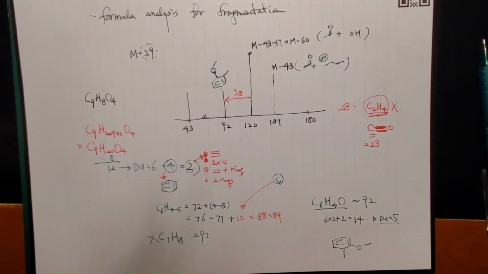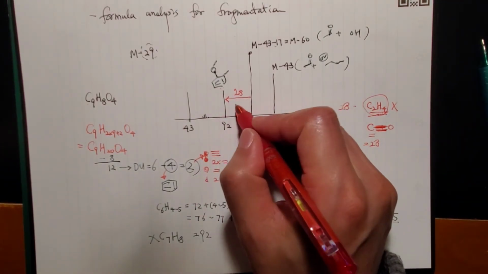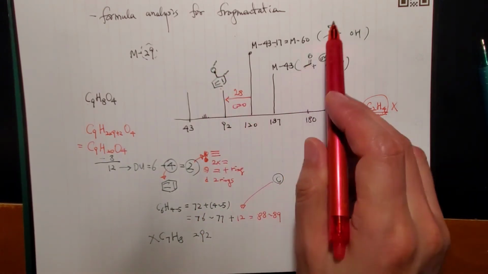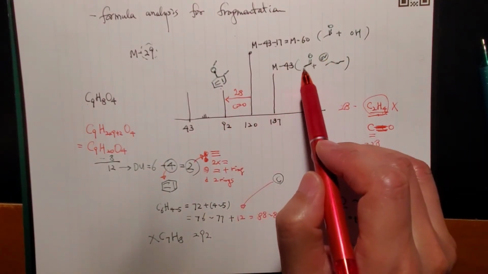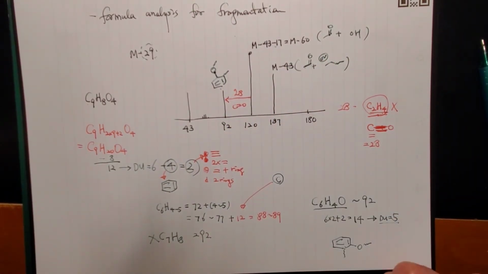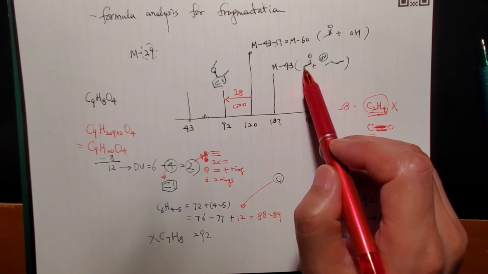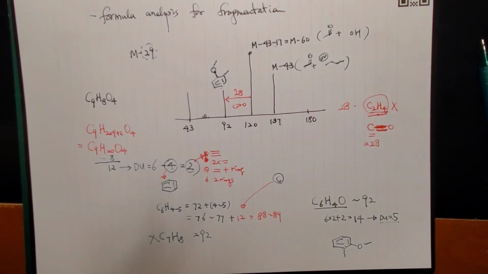Then no more ring, no more pi bonds. So this loss of 28 is CO double bond. Then how many oxygens we used? 1, 2, 3, 4. How many carbons we used? 6, 7, 8, 9. So how many hydrogen finally? 4, okay, 3, so 7, 8. So we found everything. We just need to put them all together.